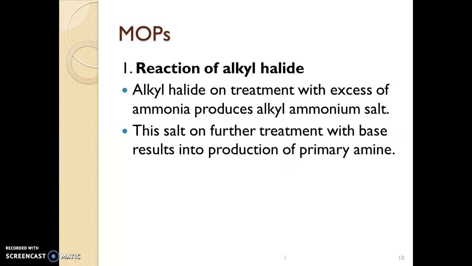Now next are the methods of preparation of aliphatic amines, in which the first method is the reaction of alkyl halide. What happens in this? Alkyl halide on treatment with excess of ammonia produces alkyl ammonium salt, and this salt on further treatment with a base results in the production of primary amine.